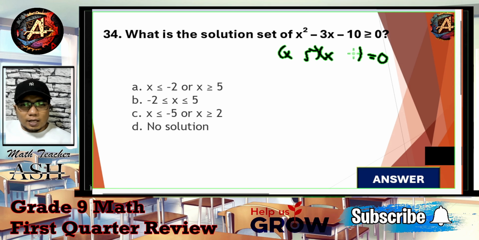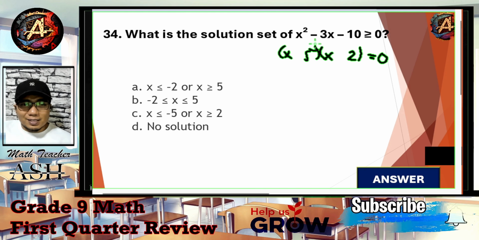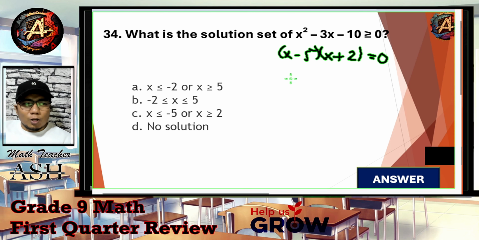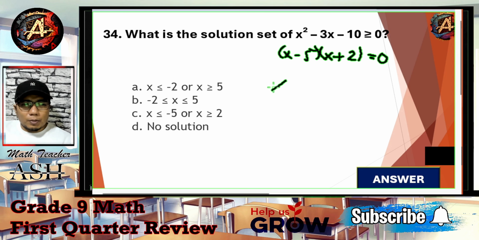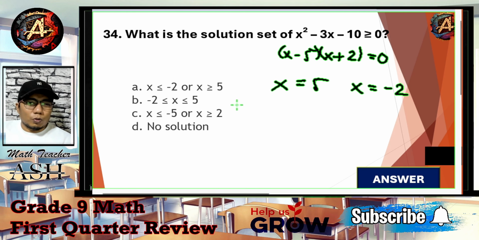But since this is negative, we need to make it such that when we add 5 and 2, the value is negative 3. So that would give us negative 5 and positive 2. By applying the zero product property, this will become x is equal to 5 and x is negative 2. So letter C is already wrong. We only have A, B, and D.